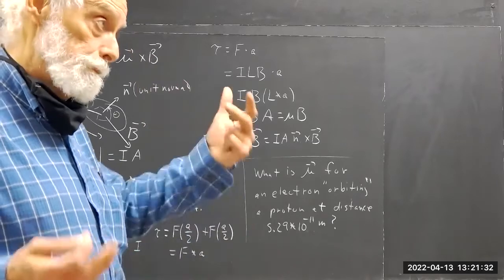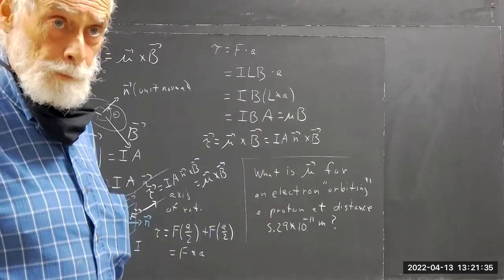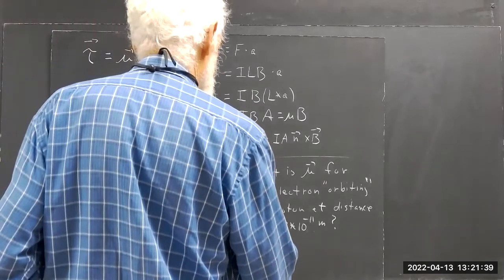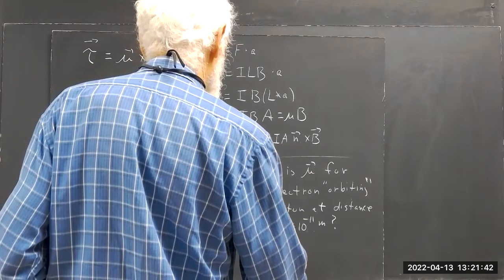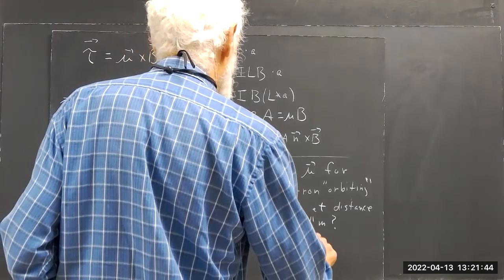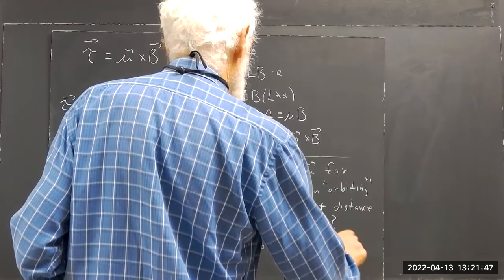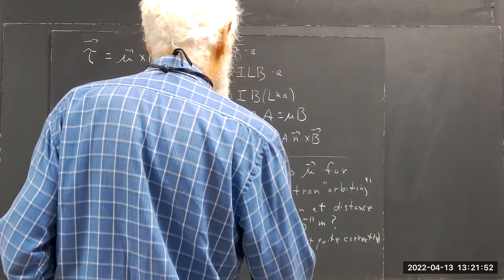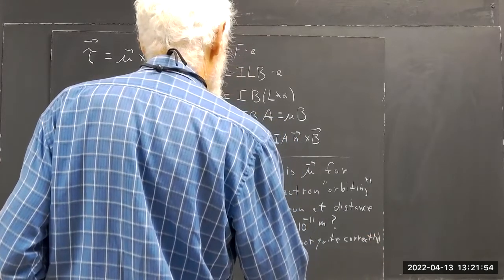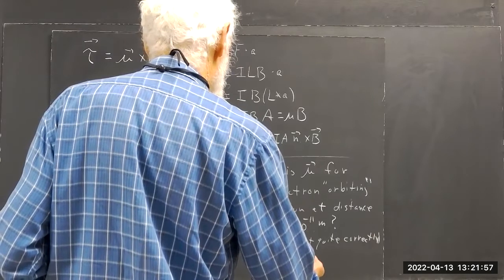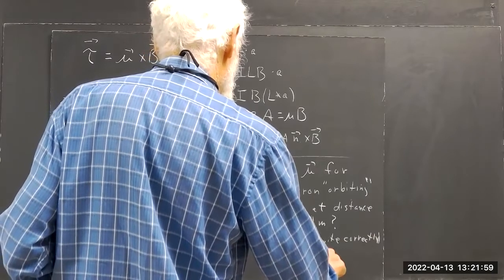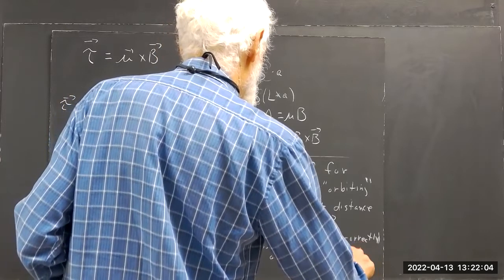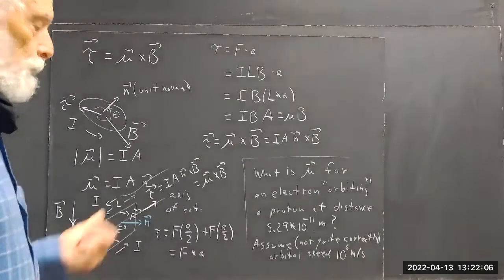I can work it out, but then I'd have to do it in my head and I'd get it wrong anyway. But let's assume a million meters per second, or orbital speed.